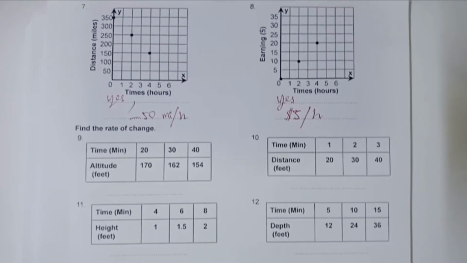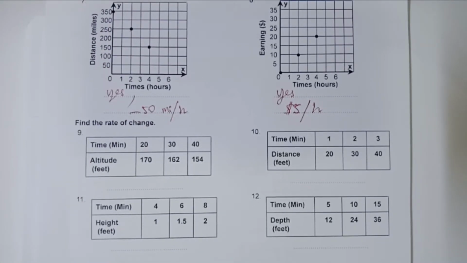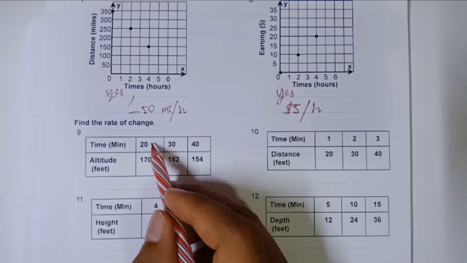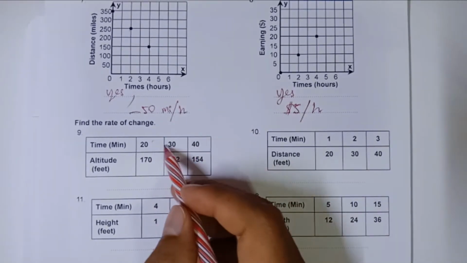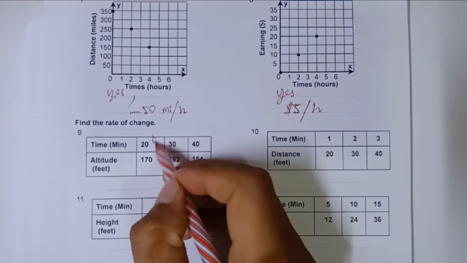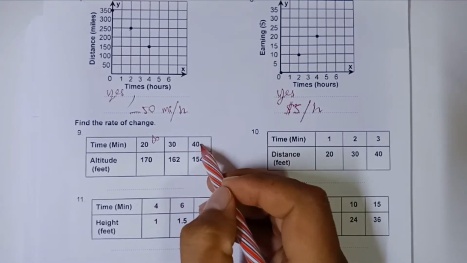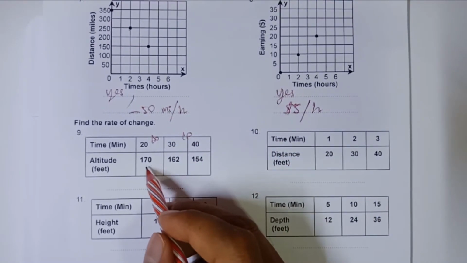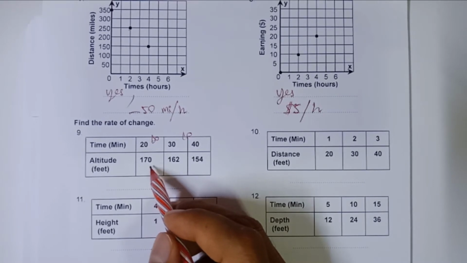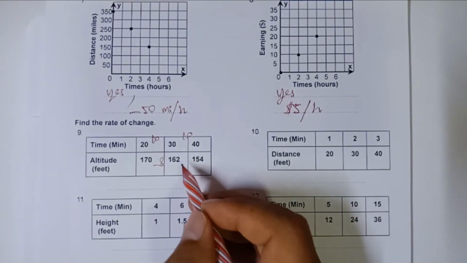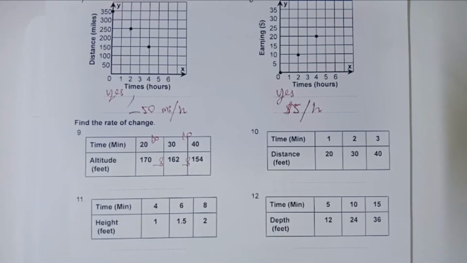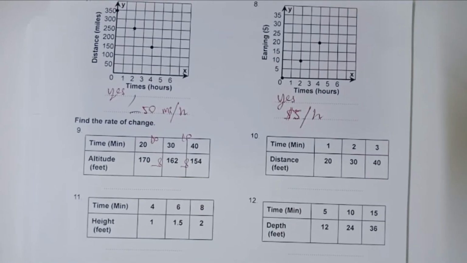Now find the rate of change. Alright, find rate of change. As we can see, a while ago we were trying to find the distance between these two, and between these. 20 to 30, you plus 10, and then 30 to 40, you plus 10 as well. This one, 170 to 162, you minus 8, and this you also minus 8. Let's see first. 162 minus 8, you have 154.